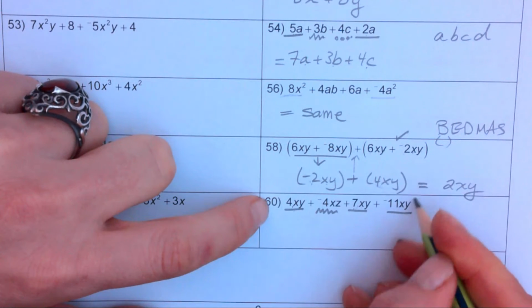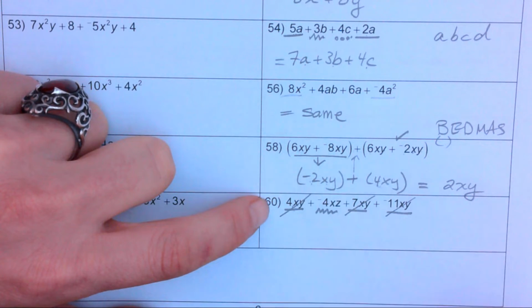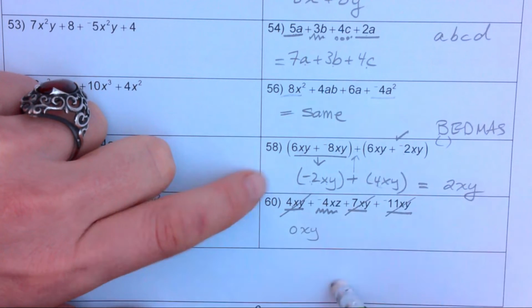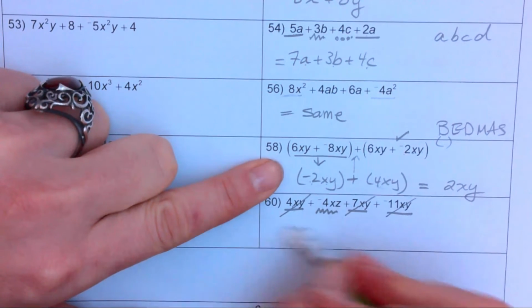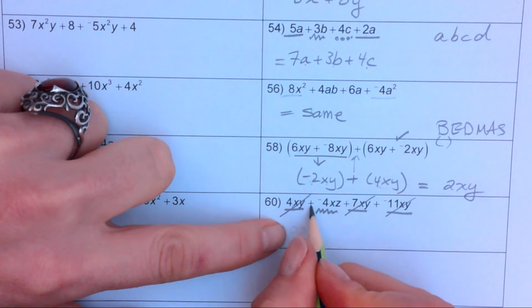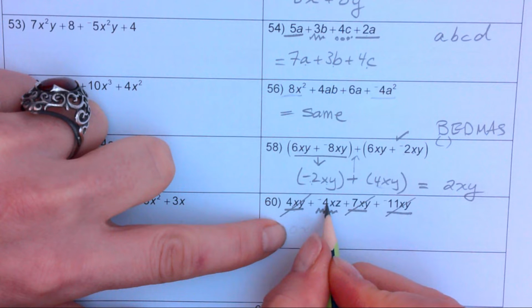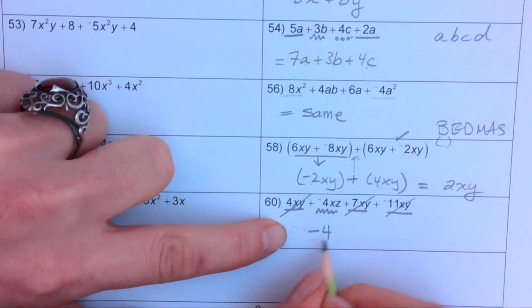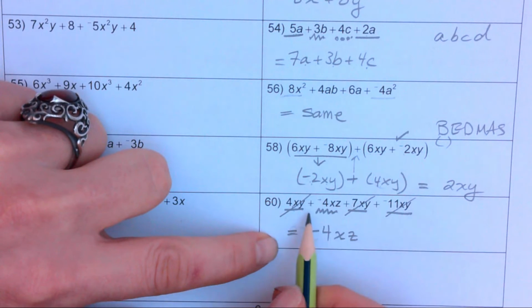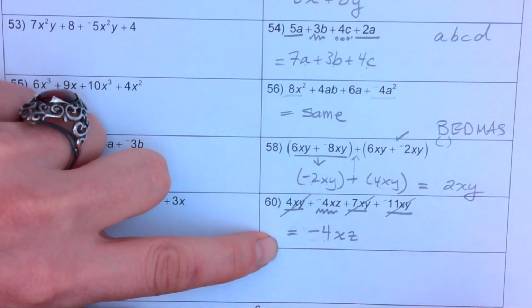So that's just going to be 0. Okay, so it's gone. So I don't write 0xy, I just don't write anything. I'm just left with this. So this says, and I lose 4. So I can just say I lose 4. So see how this says, and I lose 4? I just say I lose 4.